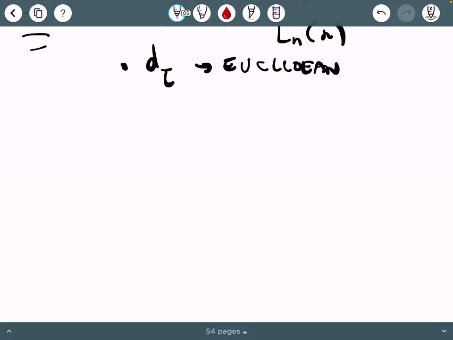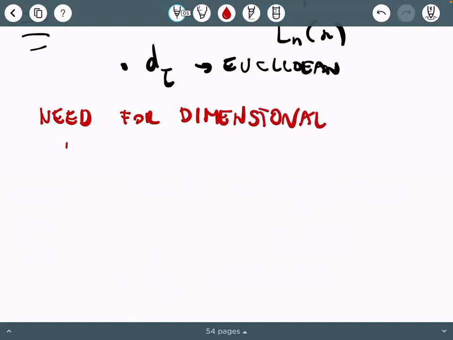The second concept that came through last lecture is the need for dimensional reduction. So what is the need for dimensional reduction?